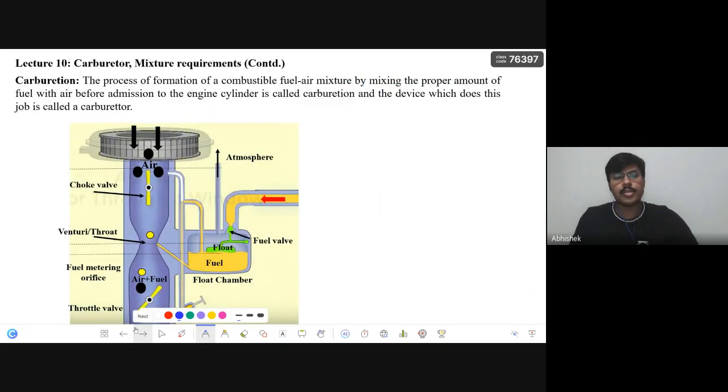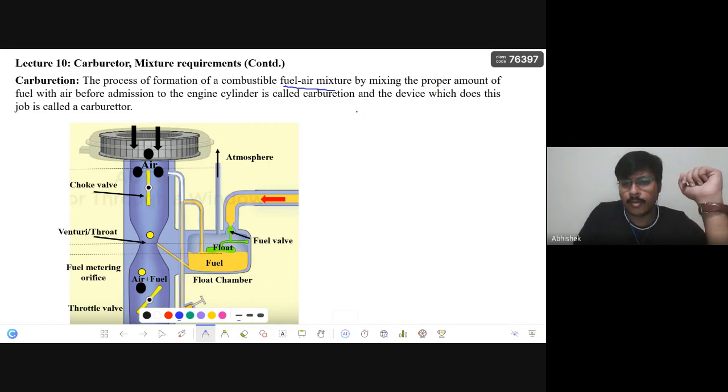So carburation was already started in lecture 9, but I have included it here in 10, just to summarize properly. So what is carburation? It is a process in which we prepare the combustible fuel-air mixture. We have already covered in the first lecture that the carburetor is present in which engine?